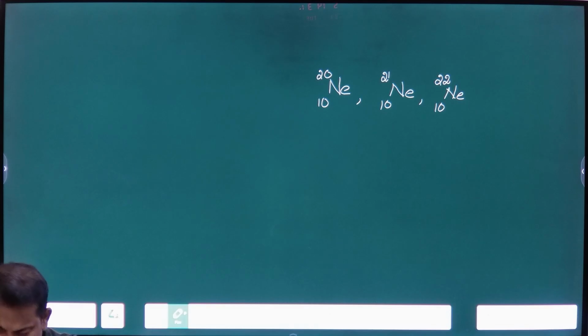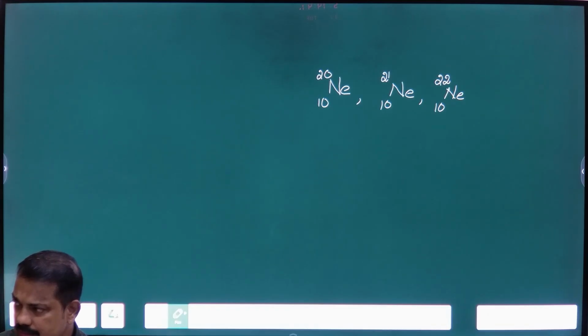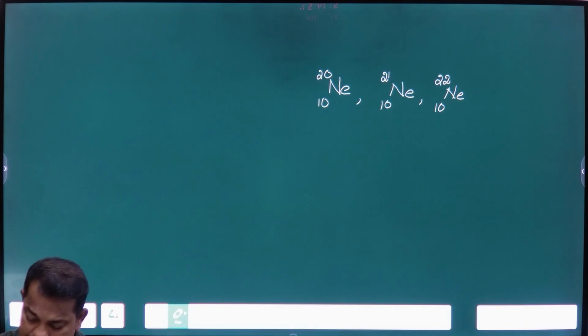Because they contain different numbers of neutrons in their nuclei. Clear?